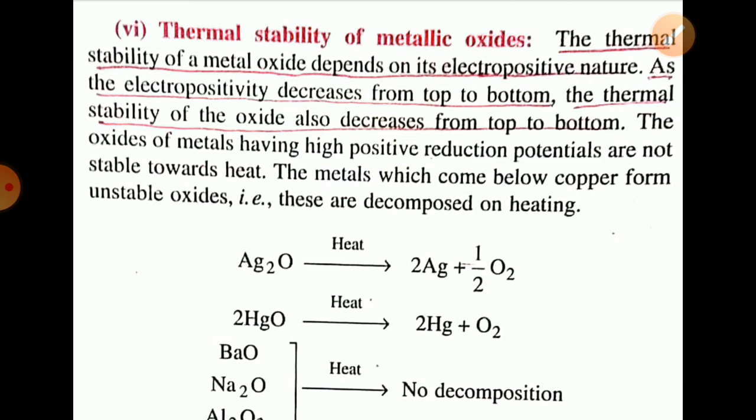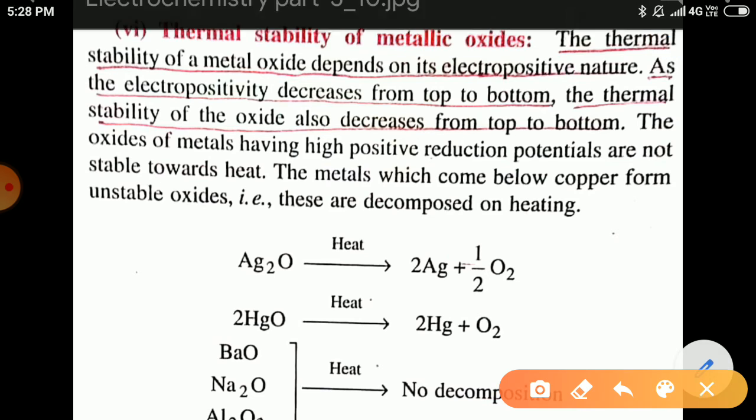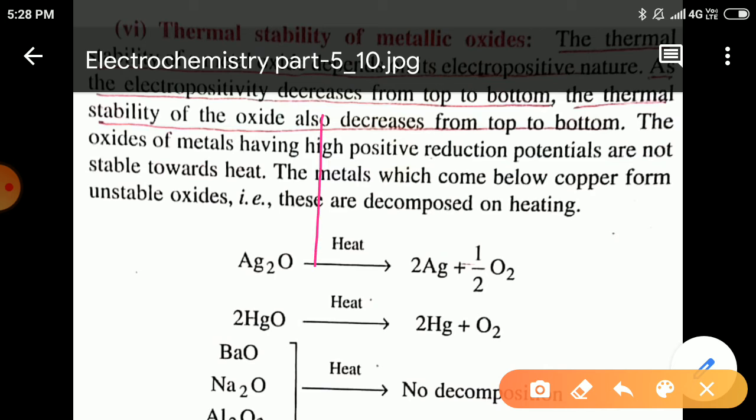Thermal stability of oxide also decreases from top to bottom. As we know, in the electrochemical series, elements are arranged in increasing order of reduction potential. In that condition, reducing character gets decreased. So from top to bottom, electropositive character gets decreased. Ultimately, the thermal stability is also decreased.